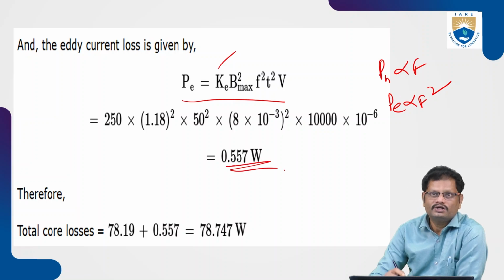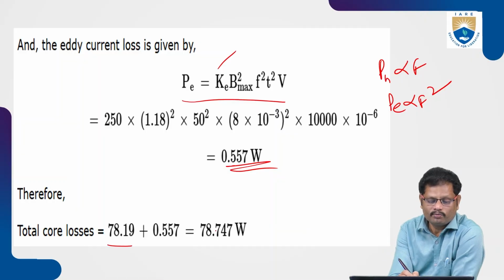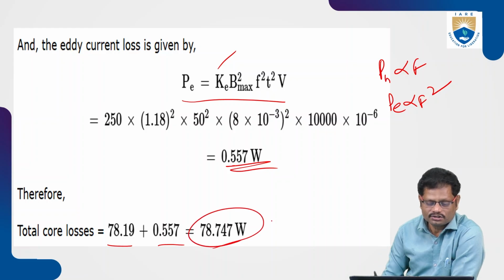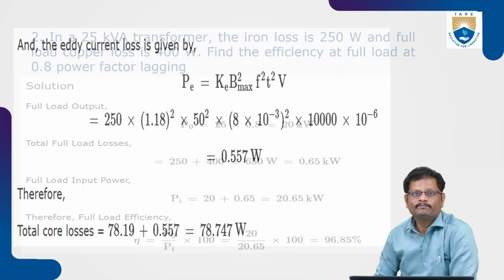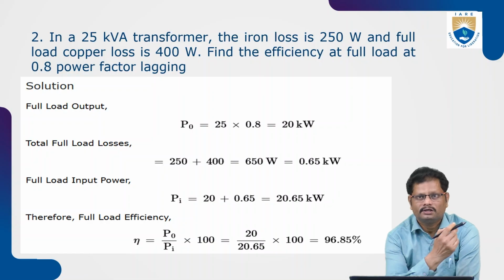So we have 0.557 watts. Therefore the total core losses are hysteresis losses 78.19 and eddy current losses 0.557, and the total iron losses are calculated as 78.747 watts.